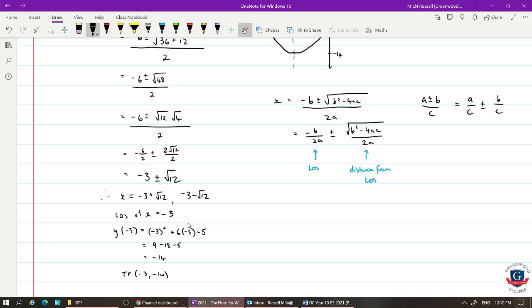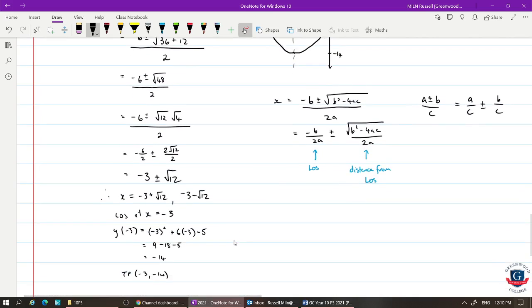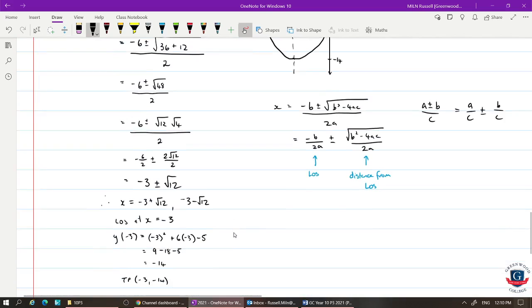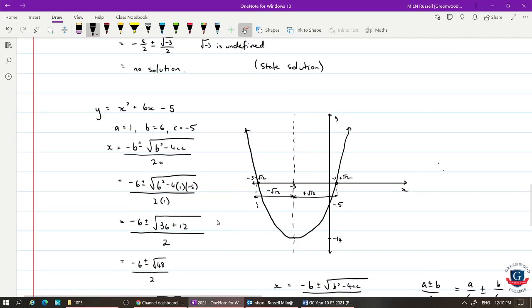We can find the rest of the turning point by substituting in -3 into the equation, which gives us -14. We can now state the turning point. We can also find the y-intercept by substituting in 0, which gives -5. The standard form tells us the y-intercept too.